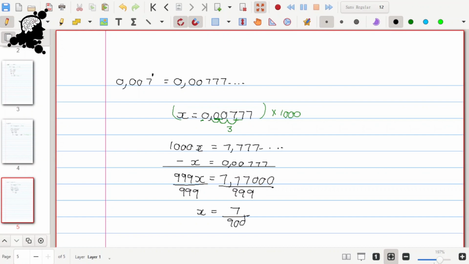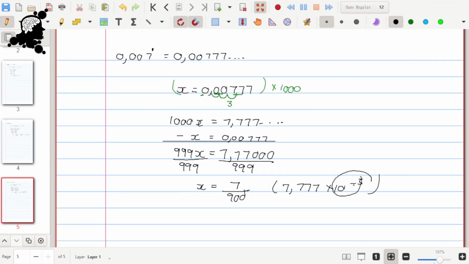Life is great. If you press 7 over 900 on your calculator, you will get something like 7,777 times 10 to the power minus 3. Now this 10 to the power minus 3, let's think of it this way. Because the exponent is negative, you will remember from grade 9 when you were converting your exponential form into scientific notation and scientific notation into exponential form, that this negative indicates that there is a 0 comma.